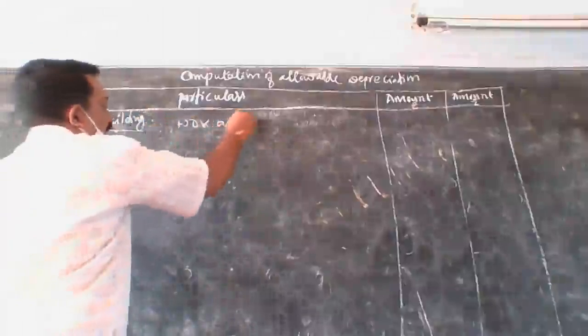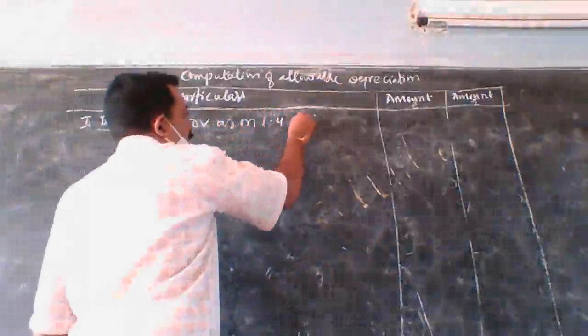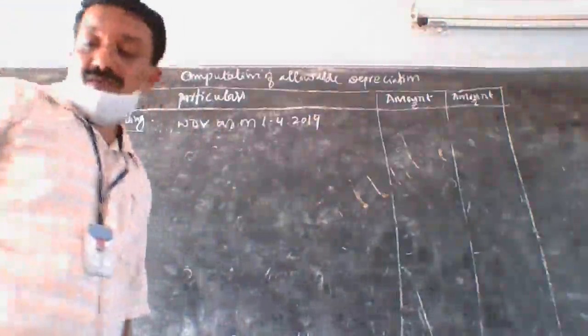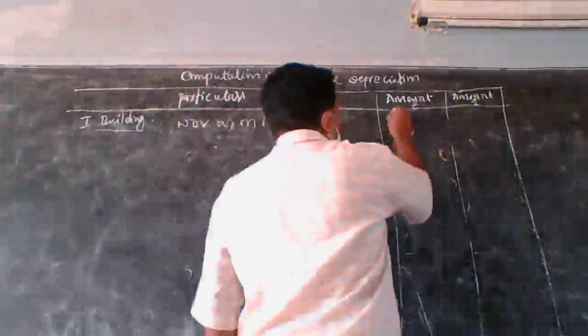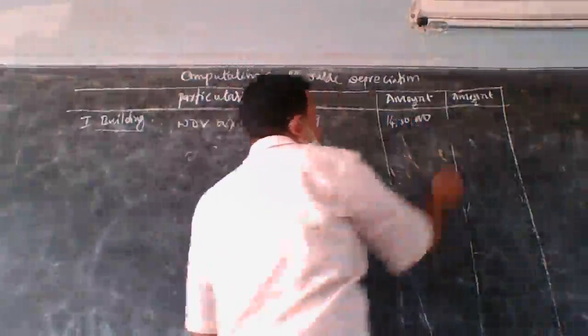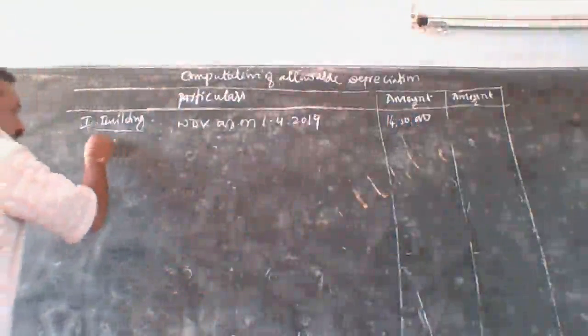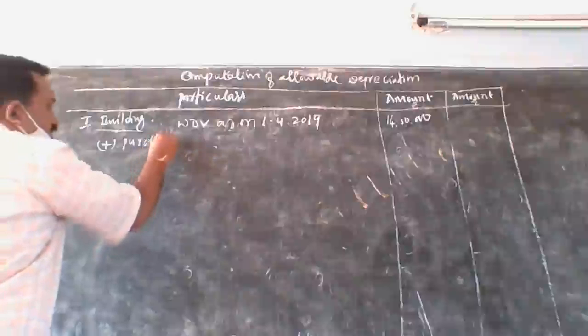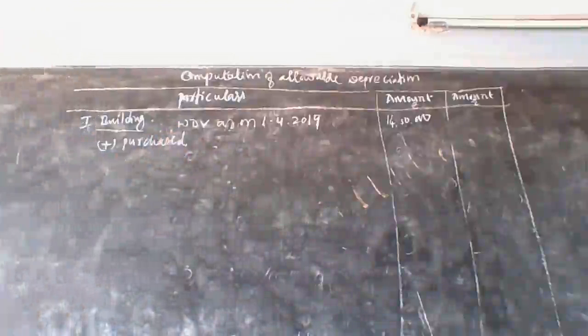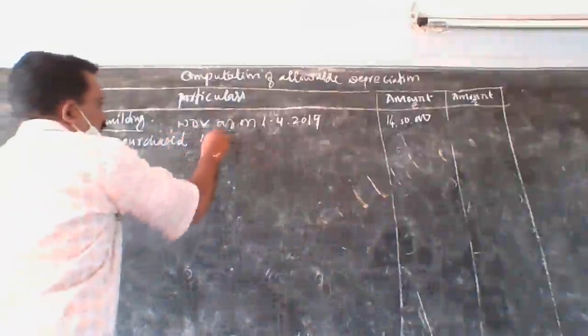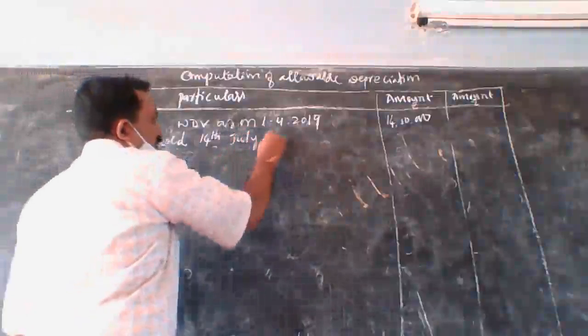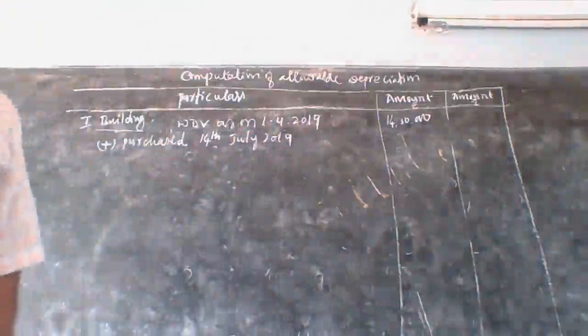WDV as on 1st April 2019, 14 lakh 50,000, and purchased on 14th July 2019, 8 lakh.